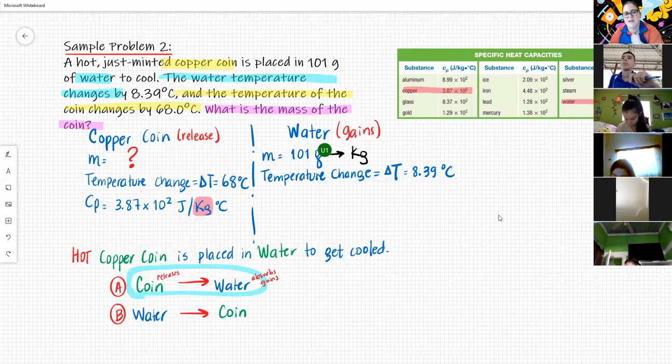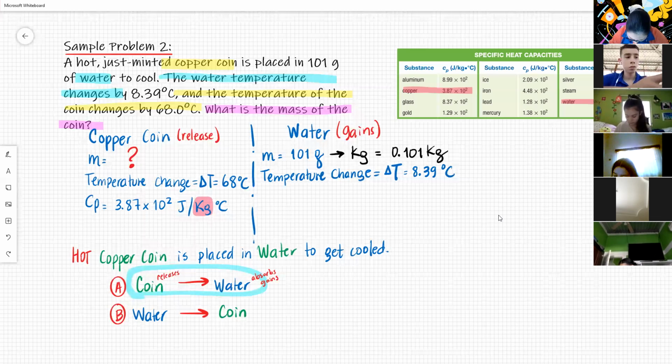How many kilograms are 101 grams? Just divide by 1,000. This is going to give you 0.101 kilograms. I don't need to show you the procedure, okay?